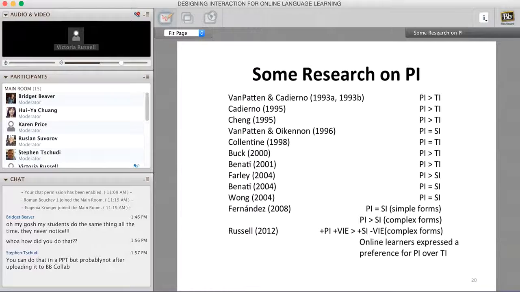But most importantly, I found that online learners expressed an overwhelming preference for processing instruction over traditional instruction. Since learner motivation is important for retention in an online course, techniques that students perceive as being highly beneficial, such as processing instruction, could be an effective way to increase retention and motivation in an online course.